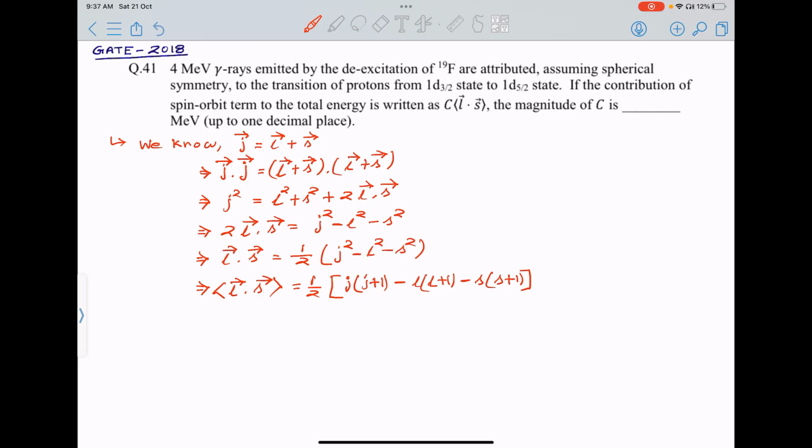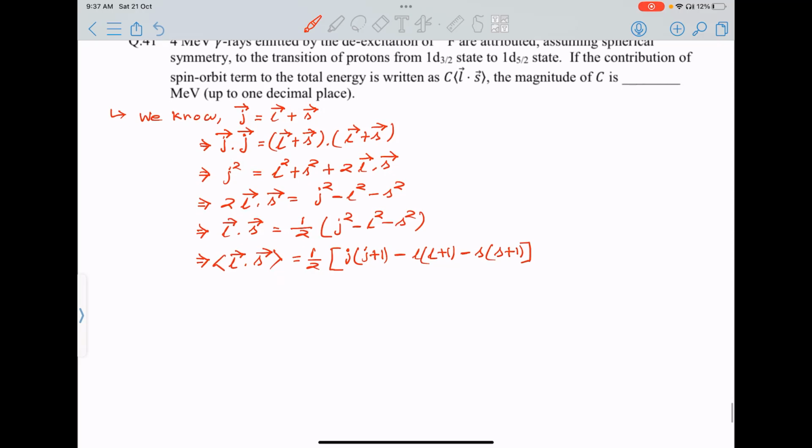Now, the first thing given is that the proton transition is from 1d 3/2 state to 1d 5/2 state.